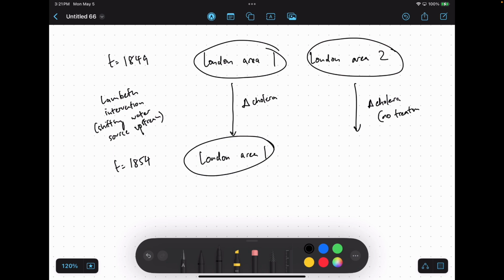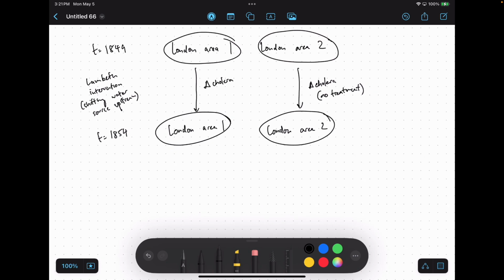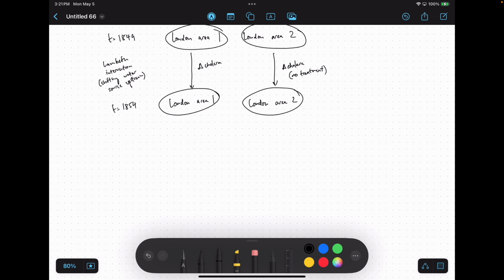So in a different area of London, there was no shift in the water supply, and a conceptual model looks something like this.